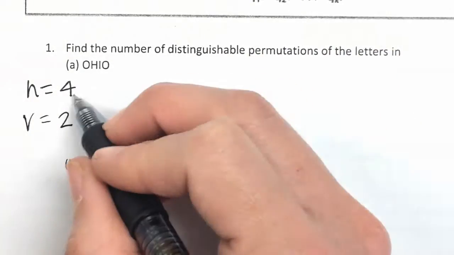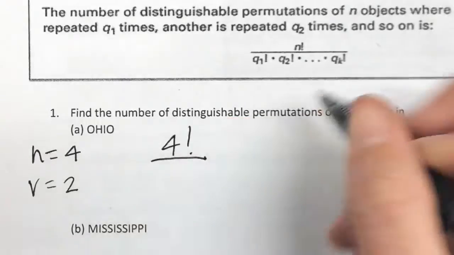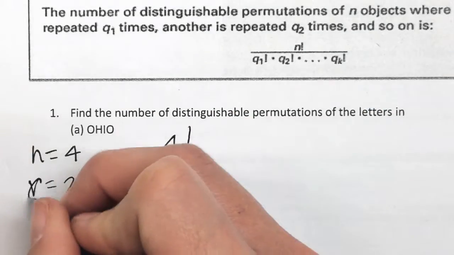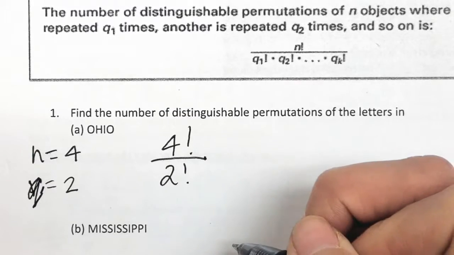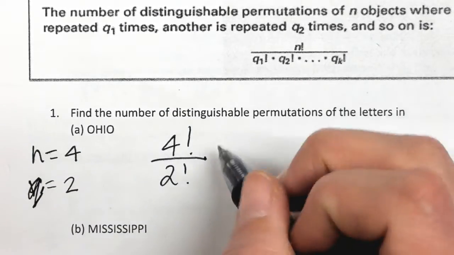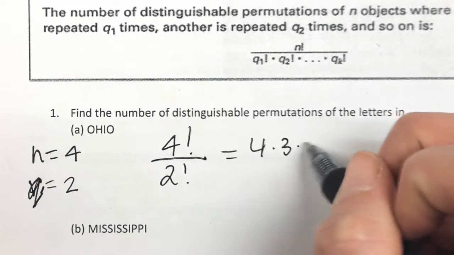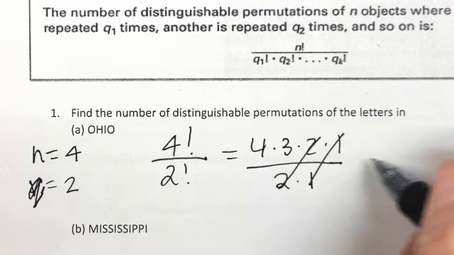The only thing we're going to do with this formula is n factorial over Q1 factorial. So 4 factorial over 2 factorial. So how many different ways could you rearrange Ohio? 12. It'd be 4 times 3 times 2 times 1 over 2 times 1, and so that would be 12.